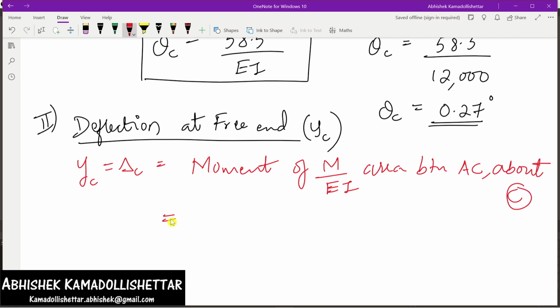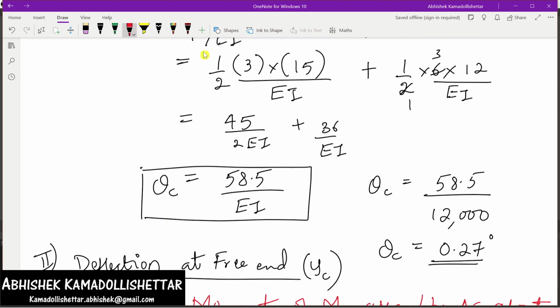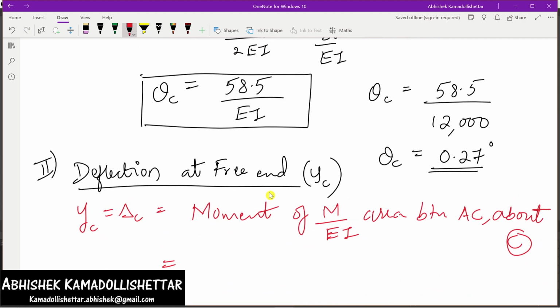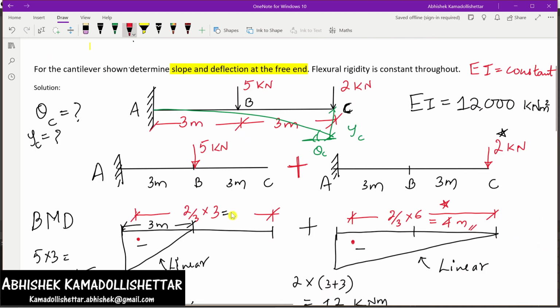So now again, we already have the area for the first diagram, so we will just multiply that area value here. The distance here should be taken as 2/3 of 3 plus 3, which is how much?